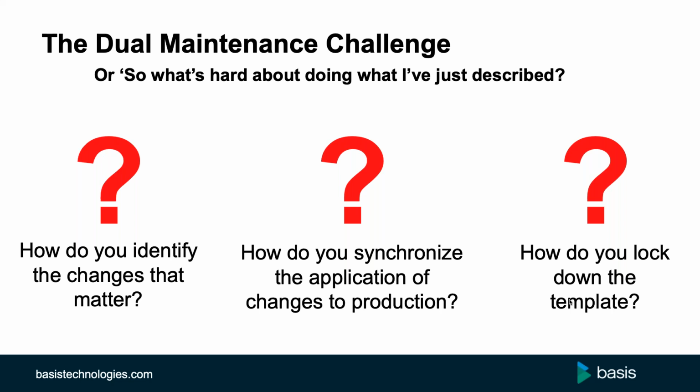How do you synchronize the application of those changes to production? And in certain cases, how do you ensure that you don't have two separate teams changing configuration, one on the ECC side, one on the S4 side, but going in separate directions that mean you're no longer managing a consistent template or a consistent set of configuration for your business?